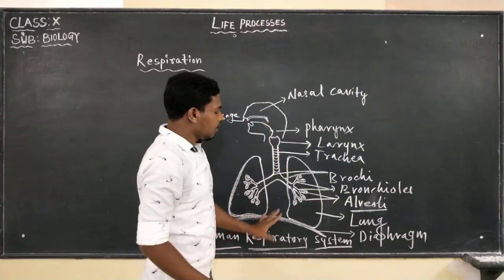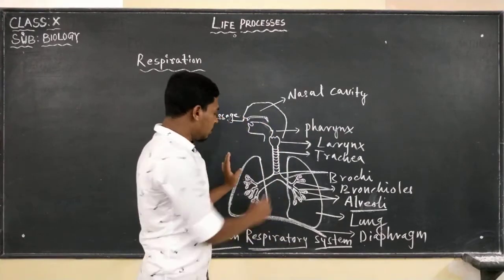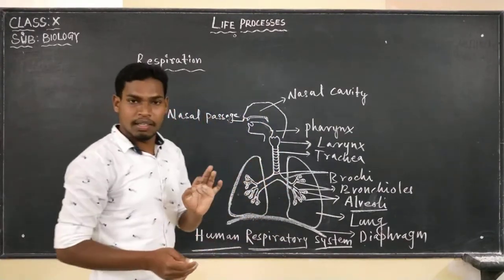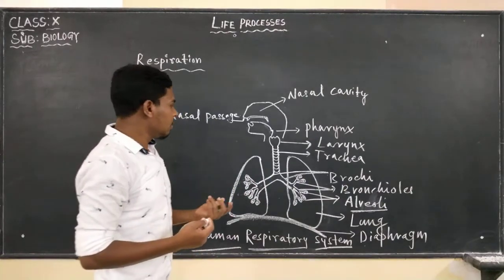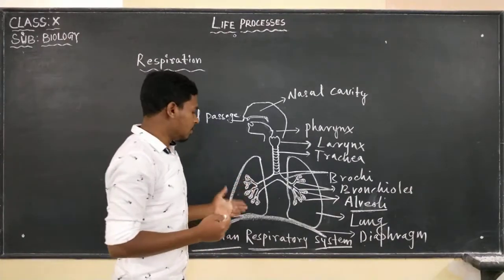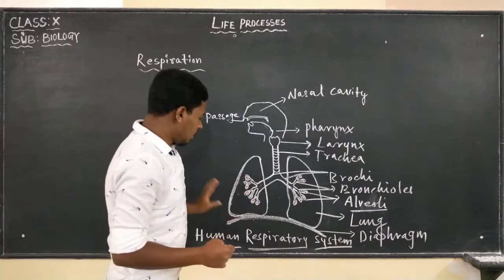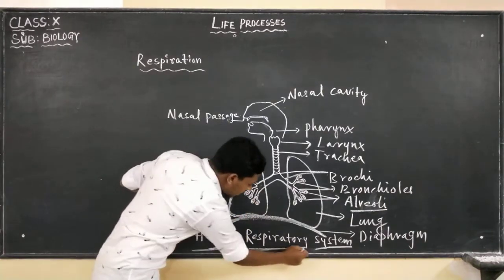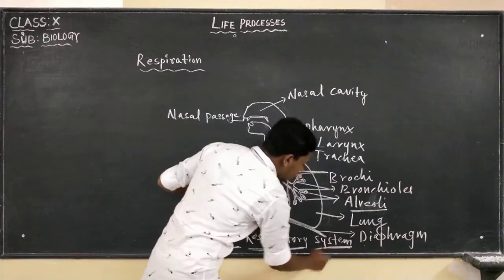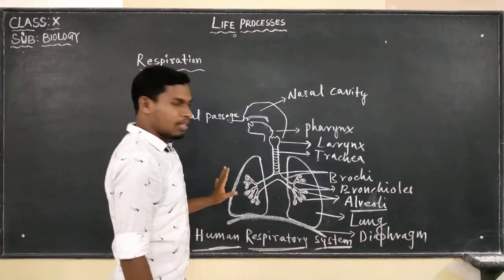So these are the parts we need to understand. These organs are protected by the ribs, rib cage. So these are the organs that we need to understand when we are talking about the human respiratory system.